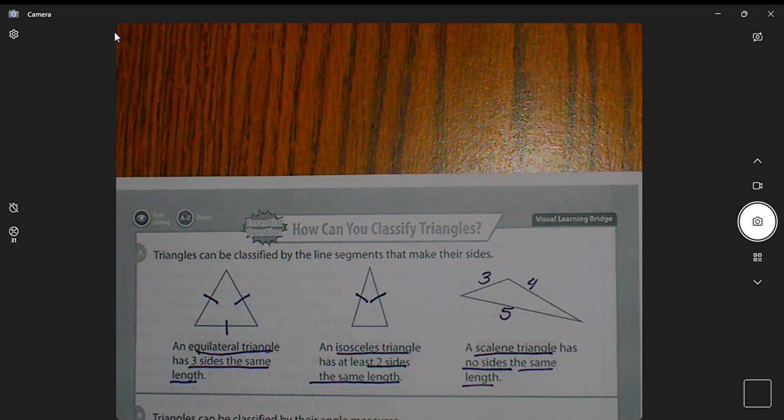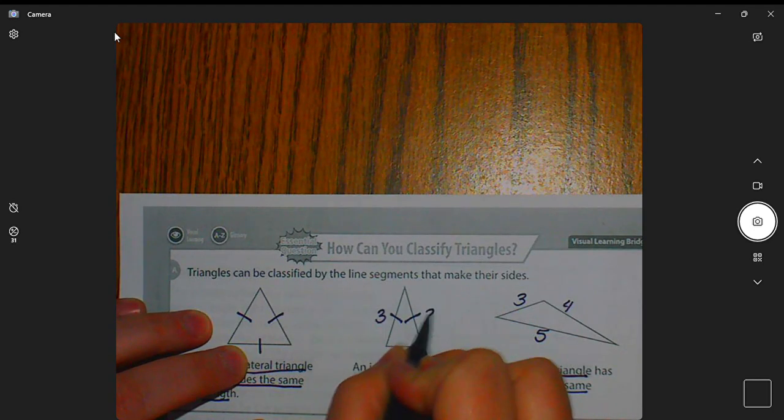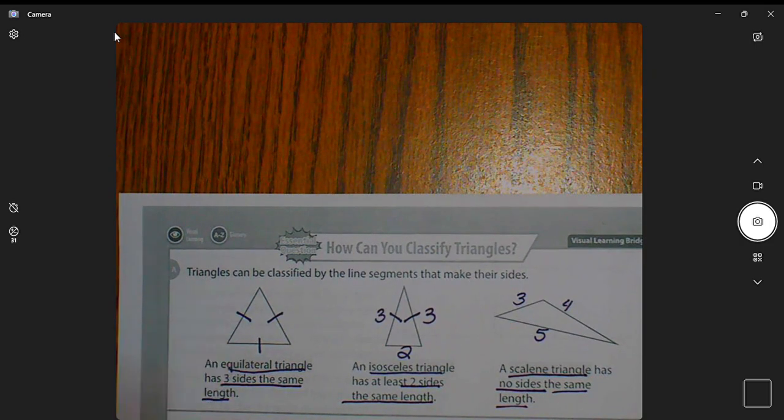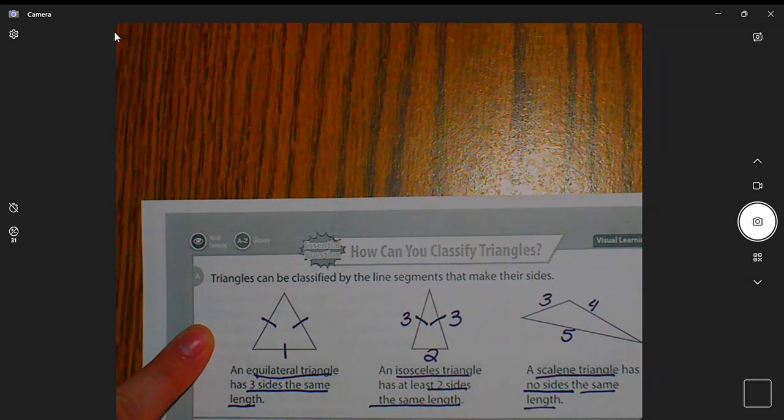Now, let's go back and look at isosceles. Sometimes on a test, they will label my sides and ask me, what kind of triangle am I? An isosceles triangle will have 2 of the same digits labeling its sides. And an equilateral triangle, again, I have that same marker on all 3 sides.